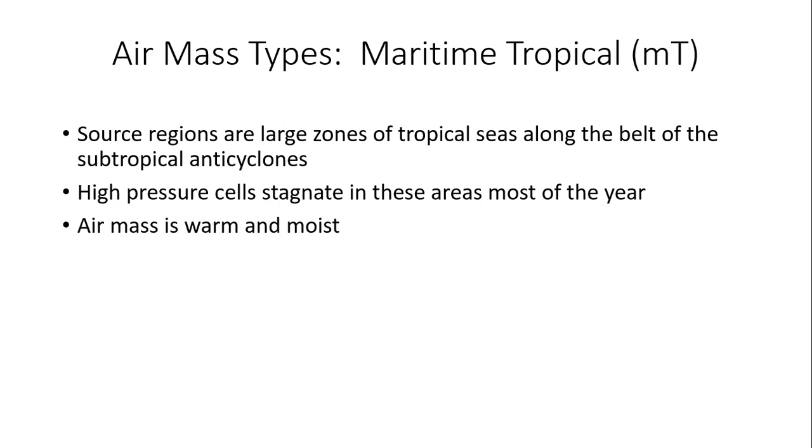Now, these high pressure cells in the subtropics tend to stagnate in a similar area most of the year, and this air mass is going to be warm and moist. And yes, you can blame it on maritime tropical air if you do not like heat and humidity, because that's exactly what happens along the eastern United States during the summertime when we get the maritime tropical air mass to pretty much dominate the weather day after day after day.